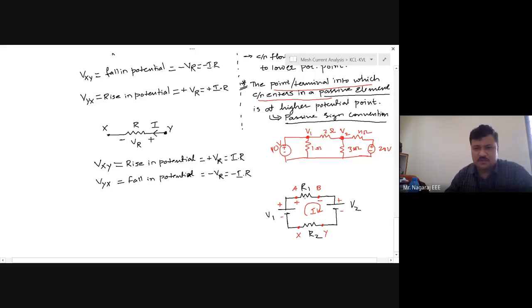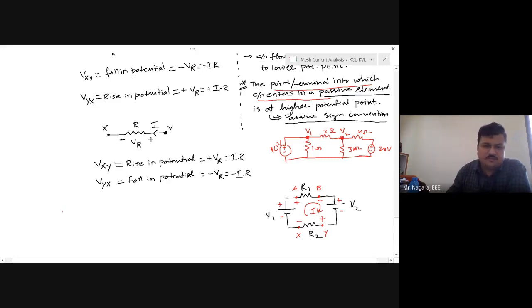Because current is flowing through R1, there should be a potential difference across R1. I cannot say B is also at positive potential. Now, the current through R2 flows from Y to X, therefore terminal Y will be at higher potential and terminal X at lower potential. Once I know the potential polarities across each element, it is very convenient to apply KVL.